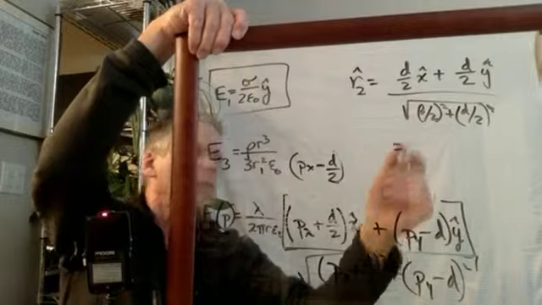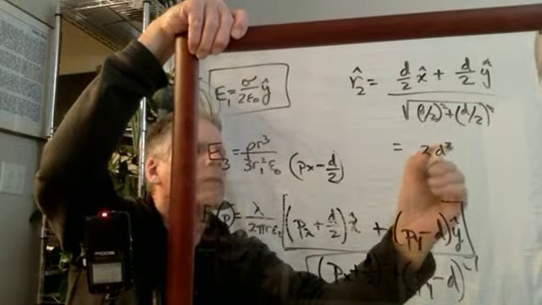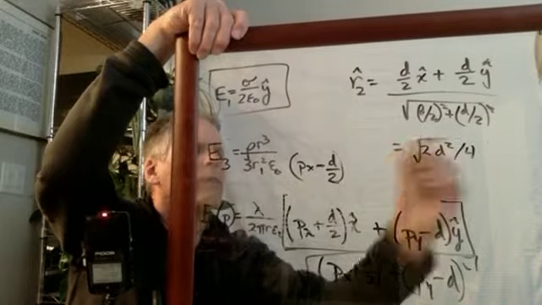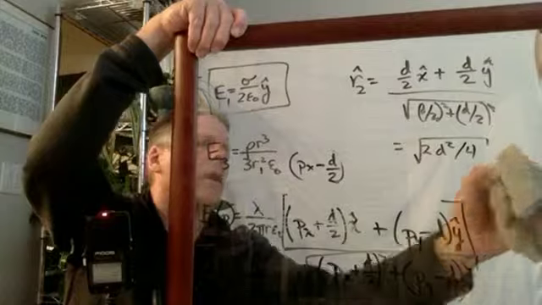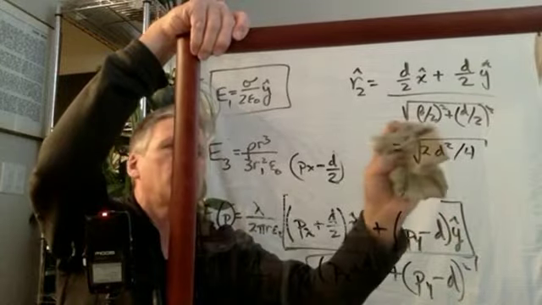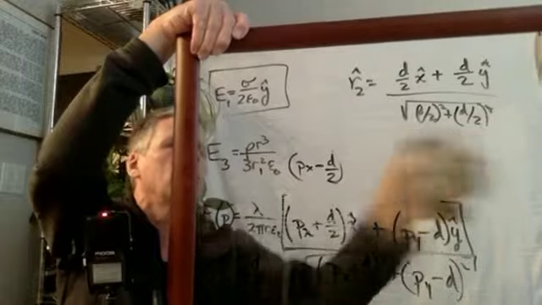So that's going to equal d squared over 4, the square root of that, which is going to give us, that's the numerator there, I'm sorry, the denominator there is 2d squared over 4.